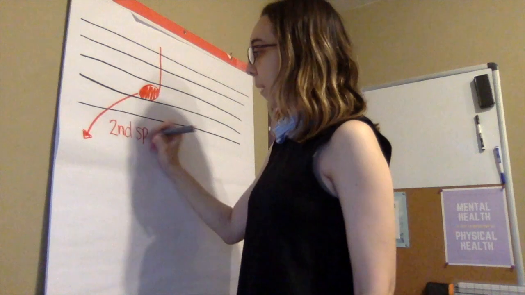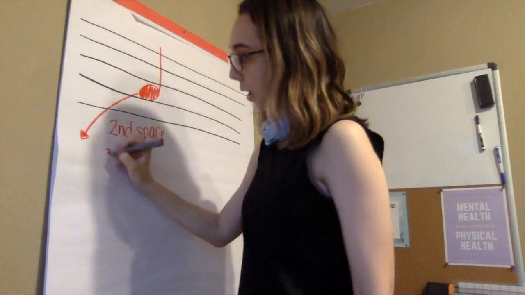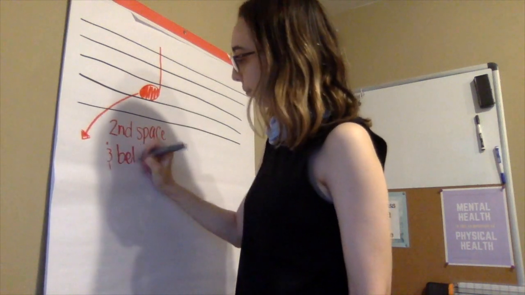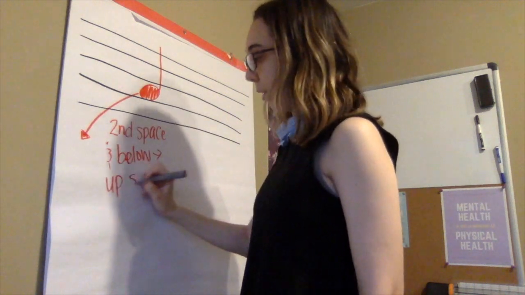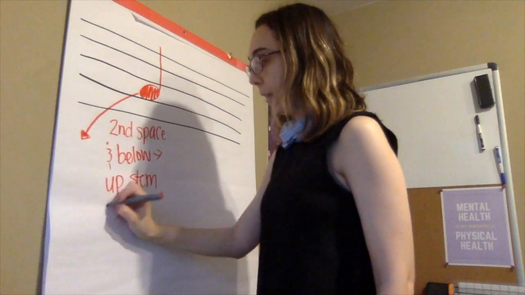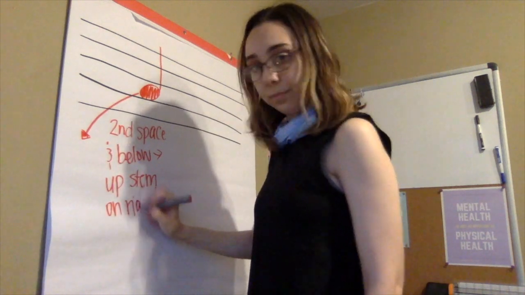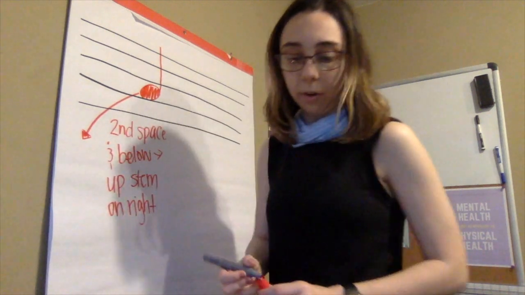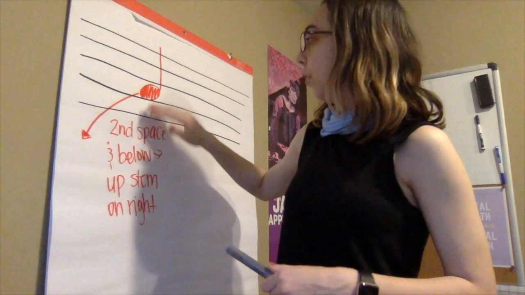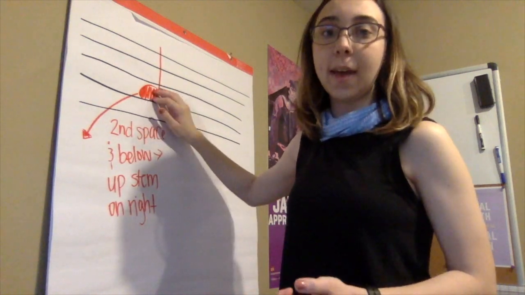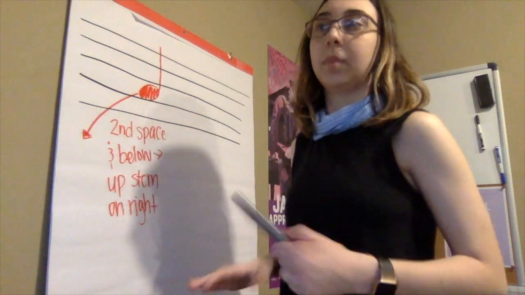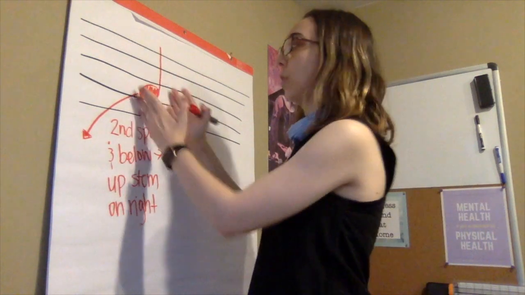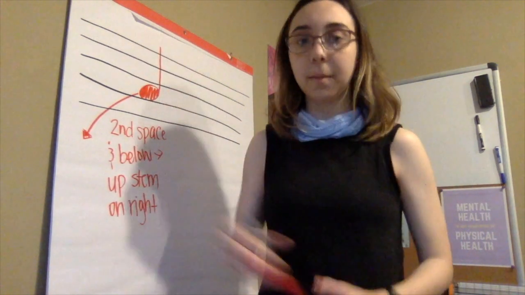So second space and below, up, stem on the right side. So anywhere from, if you're in treble clef, A and below, or in bass clef, this C and below, it's going to be an upward note like this, stems on the right side going up.